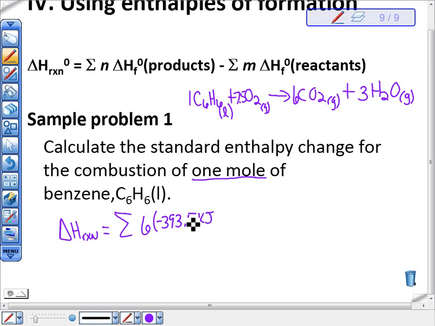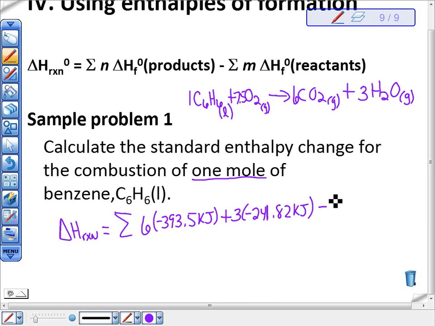Again, from the back of the book. And then I'm going to add to it, because this crazy symbol means sum of, 3, using this coefficient, water molecules. And so I go to the back of the book, and I'm going to find water as a gas, because that's what I looked it up as the other day when I did it. You're going to get negative 241.82 kilojoules.